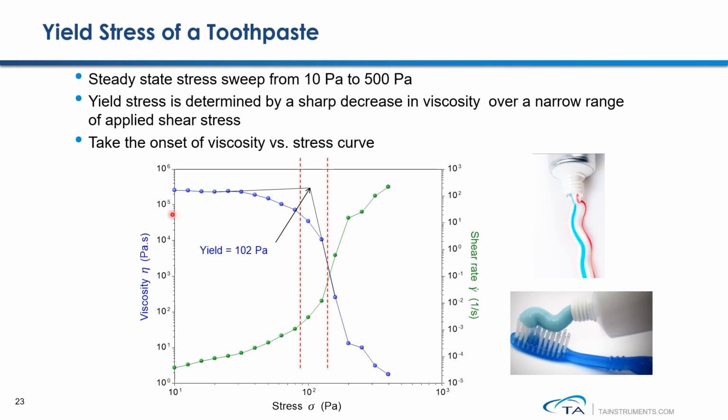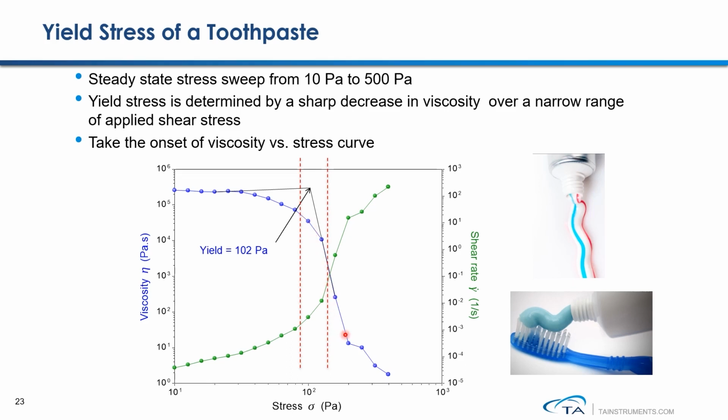From these results, we can see that under low stress, toothpaste shows really high viscosity. As we gradually increase the stress, especially when the stress is close to about 100 Pascal, within a very small change in stress, you can observe that all of a sudden the viscosity of toothpaste drops several decades.